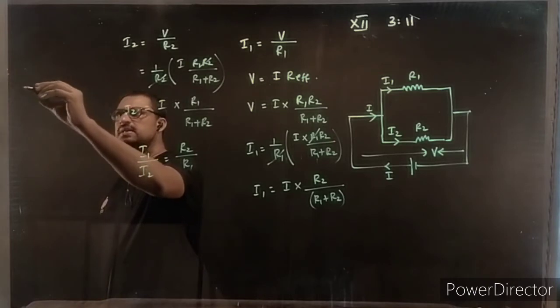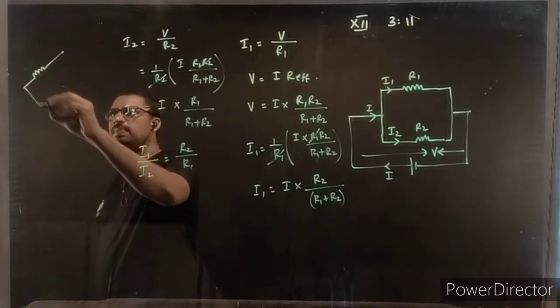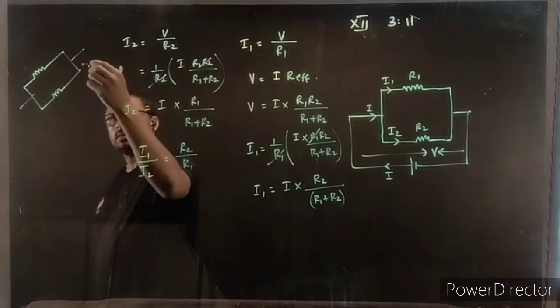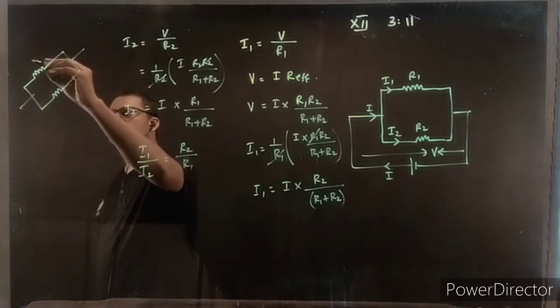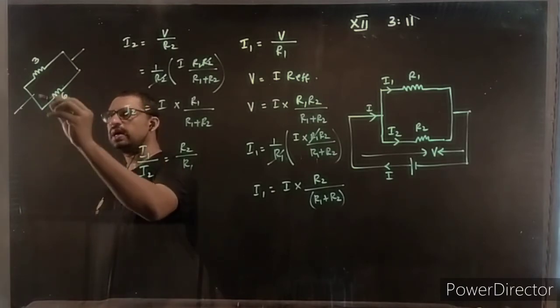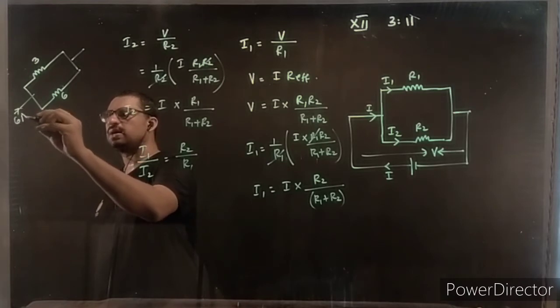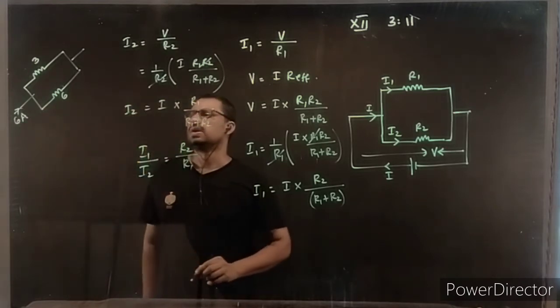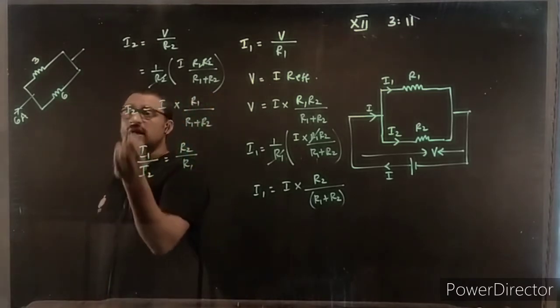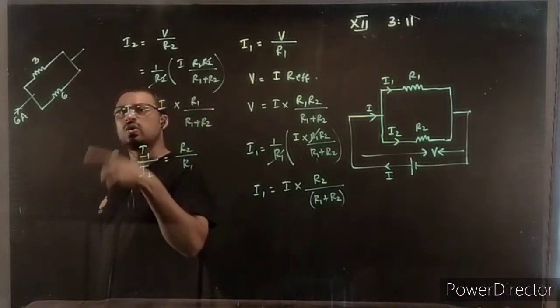Suppose you have two resistors connected in parallel, 3 ohm and 6 ohm, and a total of 6 ampere current is flowing. Now this 6 will be split in the reverse ratio, meaning less resistance, more current.